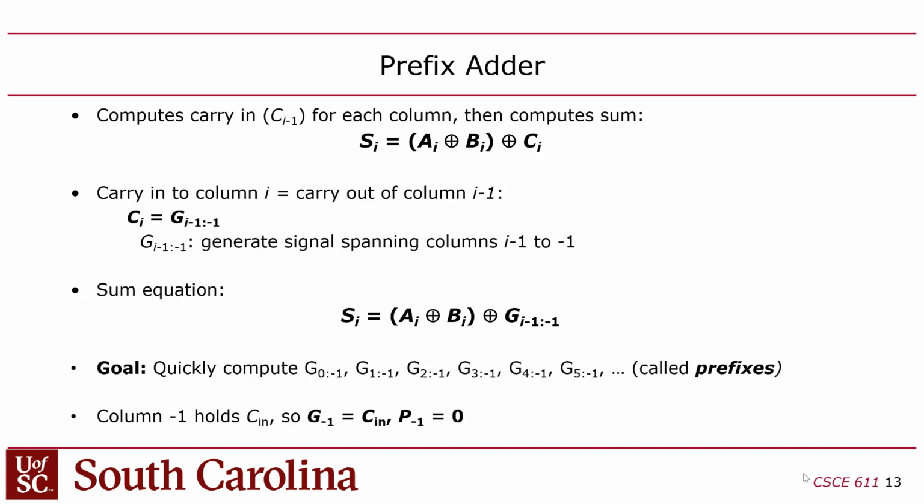That's the idea. And then column minus 1, as I mentioned, is the top level carry-in. Now this is just a terminology thing, because the carry lookahead didn't consider the carry-in to be G sub minus 1, but the prefix adder uses this as a convention. It says the generate of minus 1 is actually the carry-in.